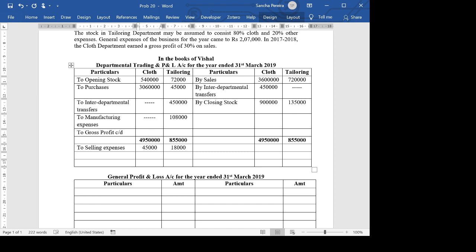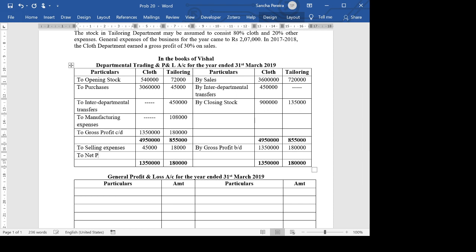For the cloth department, the gross profit is 13 lakhs 50,000, and for the tailoring department, it is 1 lakh 80,000. Bring down the gross profit, by gross profit brought down. Here it would be 13 lakhs 50,000 and 1 lakh 80,000. If we total this, we will get our net profit.